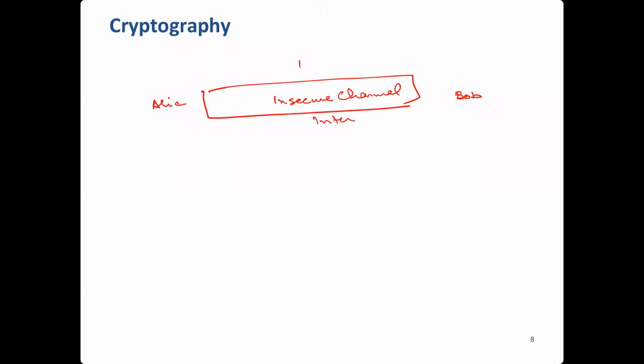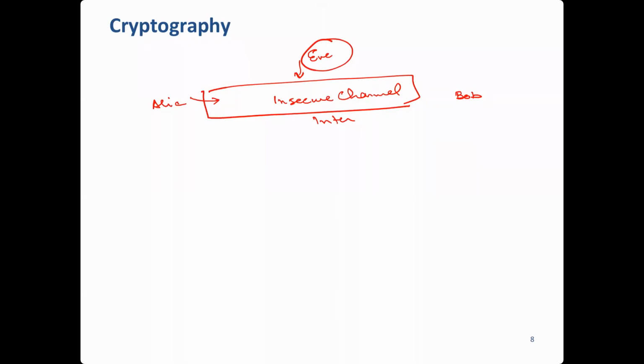And there is an interesting character, Eve, the eavesdropper, and she can see whatever is being sent. So we want a mechanism where whatever Alice is sending may be visible to Eve, but in a form that Eve cannot understand. So the communication remains confidential.